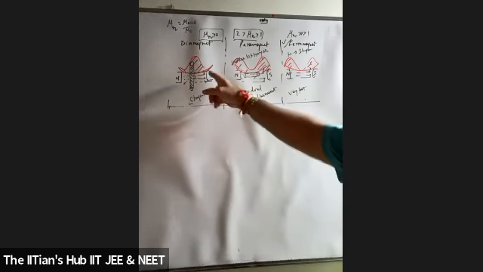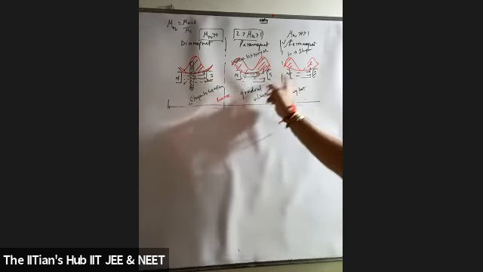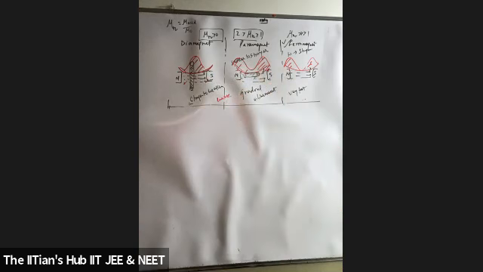When you're drawing the diagram, please see to it that you try to keep the external field weak, considering the external magnetic field to be weak in the weaker region.